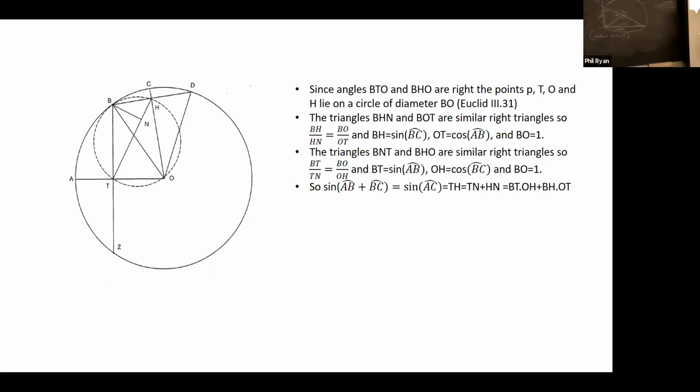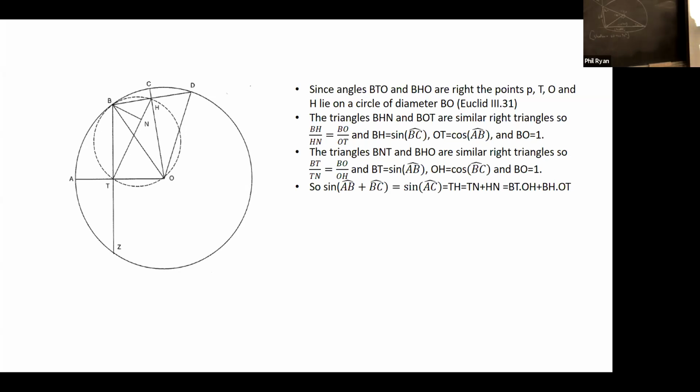If you see, BH is the sine of that arc, because here is the wedge that comes with that arc, and we're dropping down the perpendicular here. So this is sine of BC, and OT, for example, over here, is the cosine of AB.